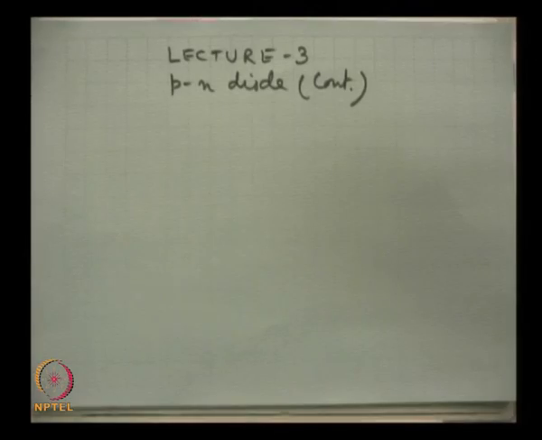Continue our discussion on PN junction under biased conditions. Biasing means that we apply an external voltage, and as we discussed, there are two possibilities for biasing.